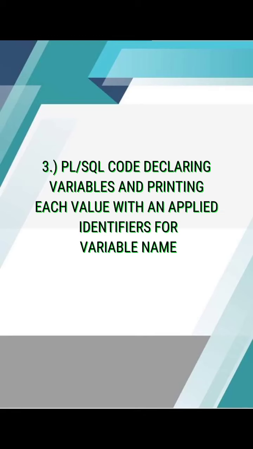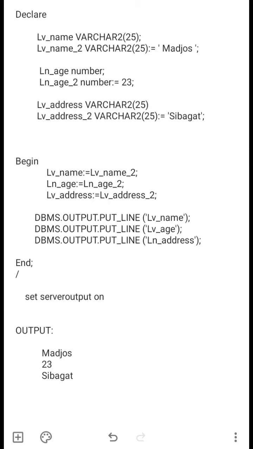For our third part, we have the PL/SQL code declaring variables and printing each value with an applied identifier for the variable name. What is an identifier? Basically, an identifier is a name given to a PL/SQL object.